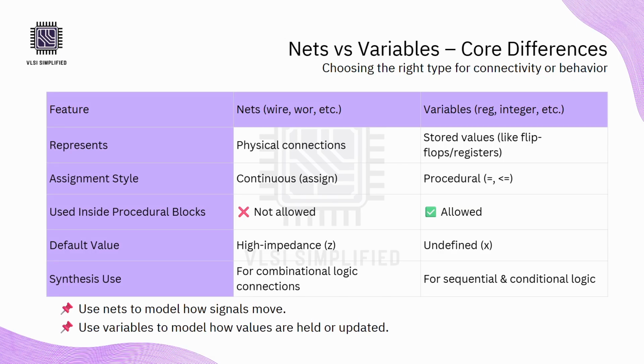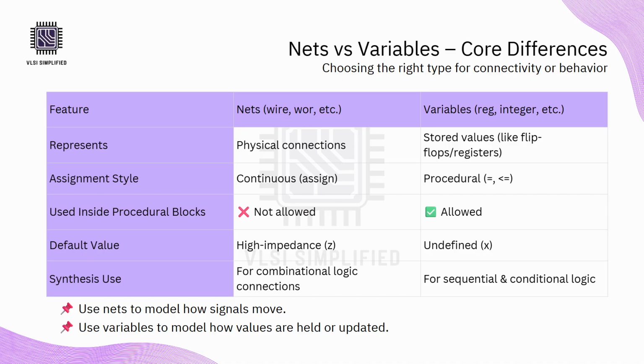So here is a clear breakdown to help you decide whether you should use a net or a variable. Nets like wire are meant to represent connections. So they are just like actual wires in the circuit. You cannot assign them using procedural code. Instead, they are used with the assign keyword for continuous assignment. On the other hand, variables like reg or integer are used when you need to store or update a value, especially inside procedural blocks like always or initial.